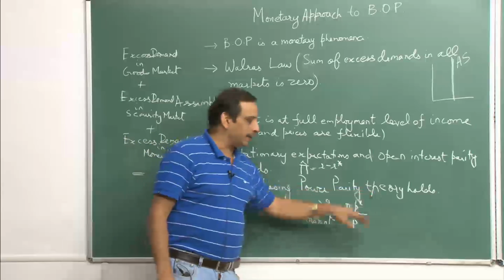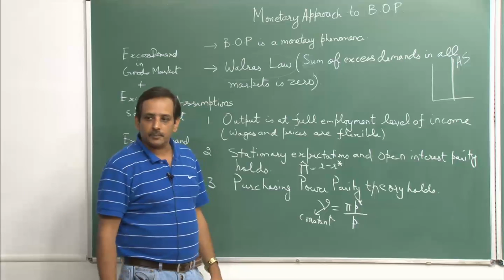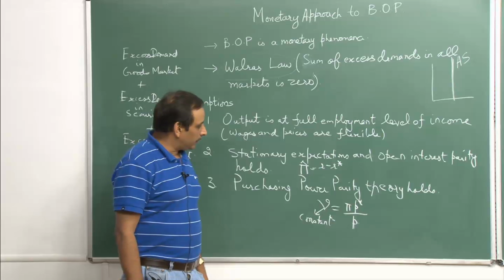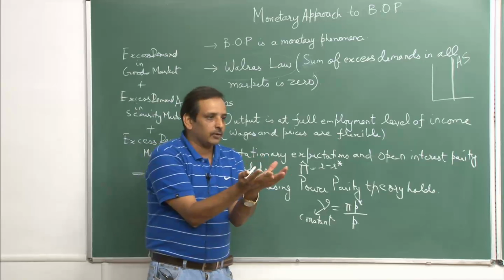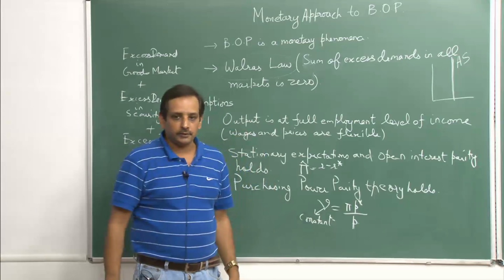Purchasing power parity theory holds. It's a way of linking domestic prices to international prices. It's like saying, for the same set of goods, how much do you pay here and in the foreign countries.